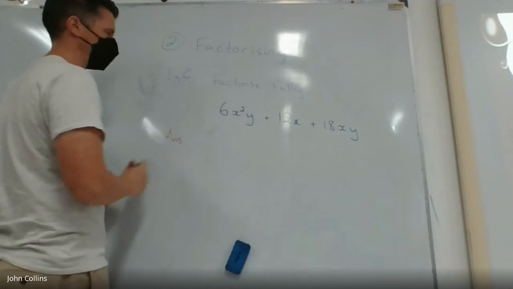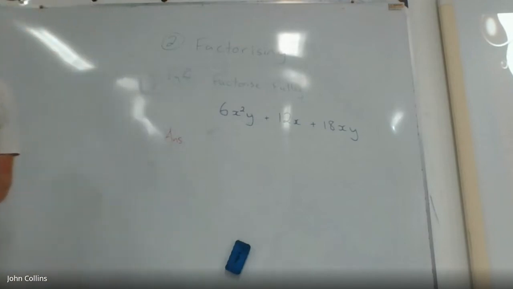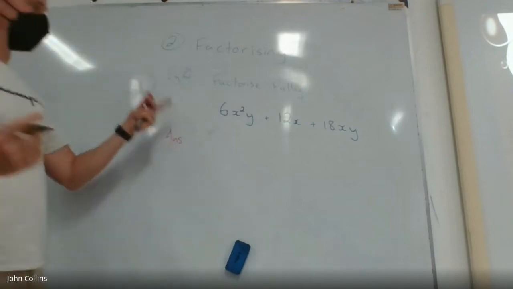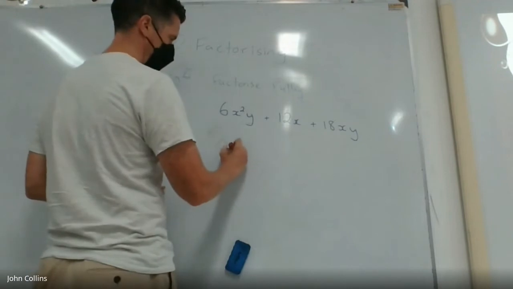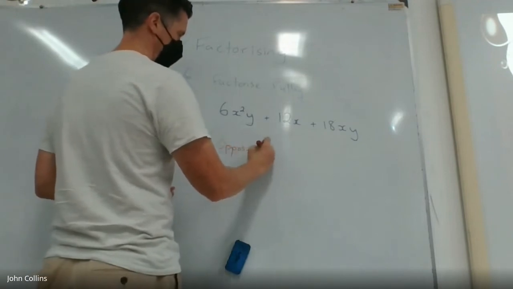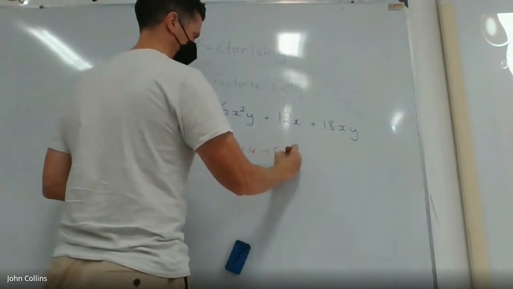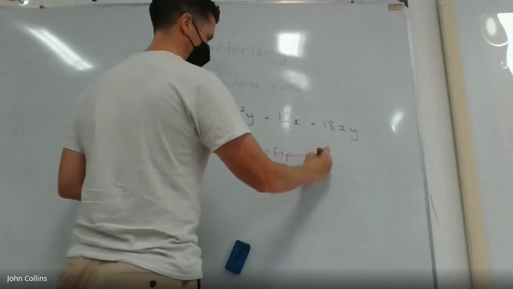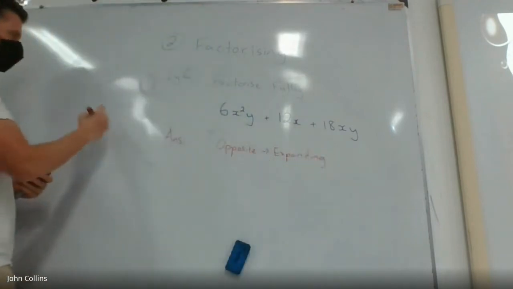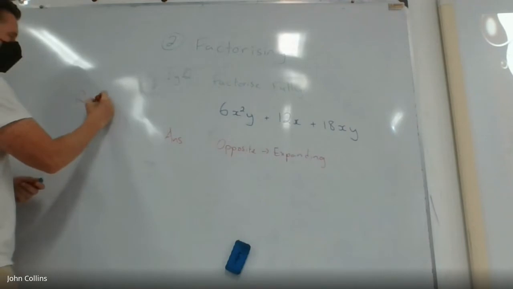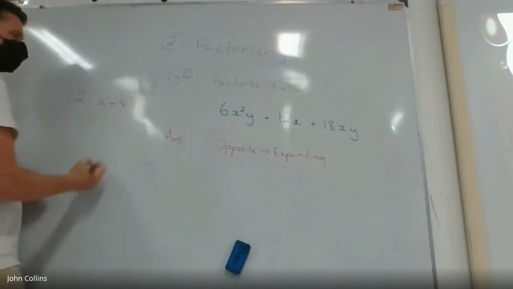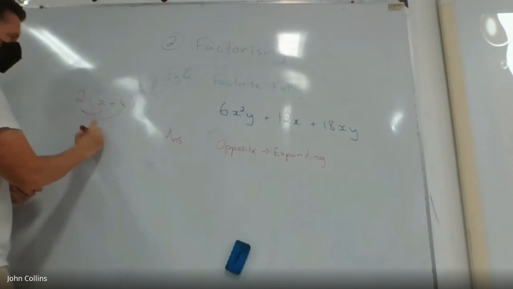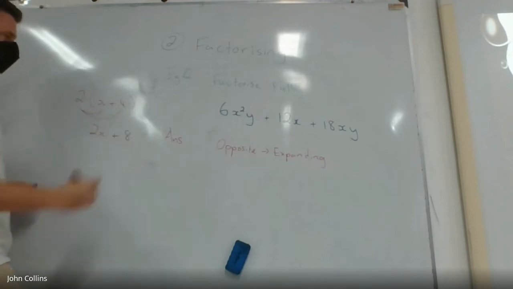For the answer, well, factorizing is the opposite to expanding. And if we remember expanding, if you have something like 2 times x plus 4, I multiply to get my answer. 2 times x and 2 times 4.